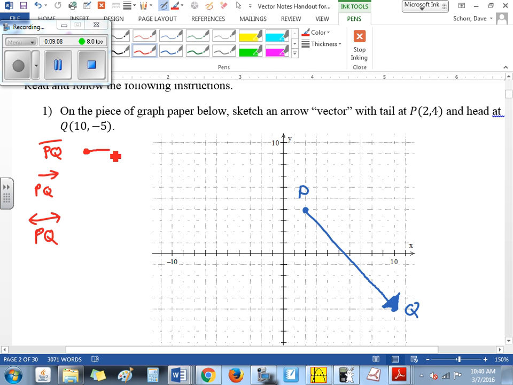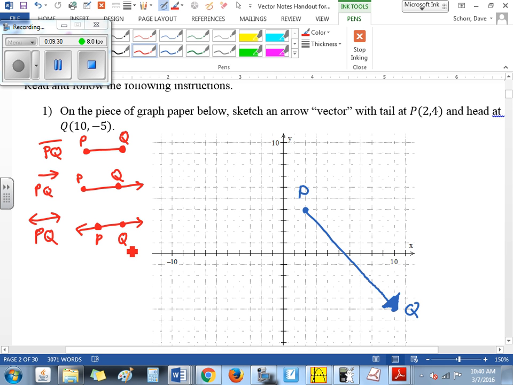Segment PQ looks like this. Starts at P, ends at Q, done. Ray PQ starts at P, passes through point Q, but it's not done. Keeps going forever. Line PQ basically passes through points P and Q, but they are not really endpoints. In fact, lines don't have endpoints. They just go on forever in both directions.